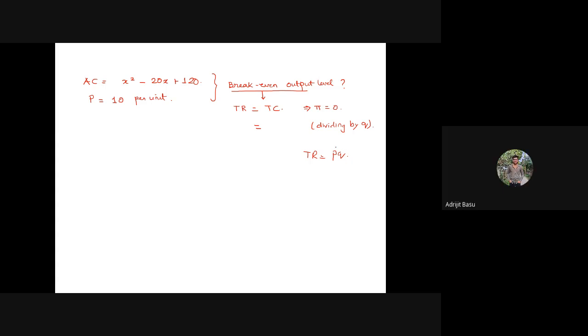The P. And if I divide total cost by quantity, what will I get? Sir, average cost. Average cost. Okay.